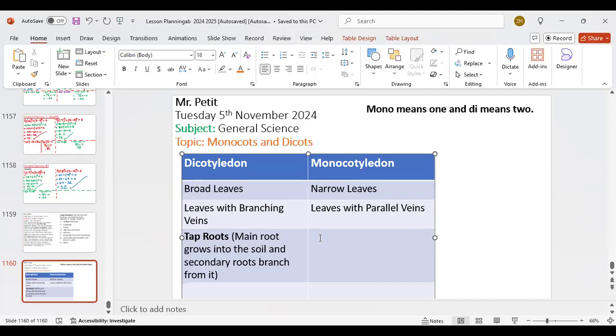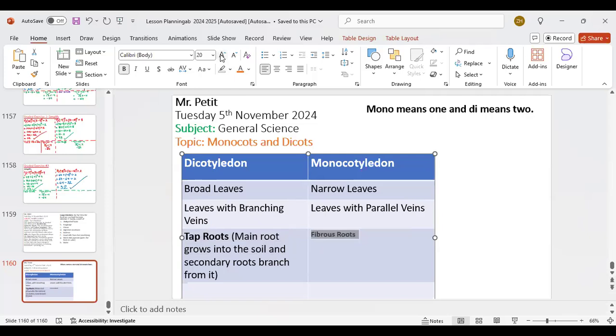Opposite of taproots. I think all the roots would be on the soil now for this one. No? Fibrous. Fibrous roots. All right, fibrous roots.